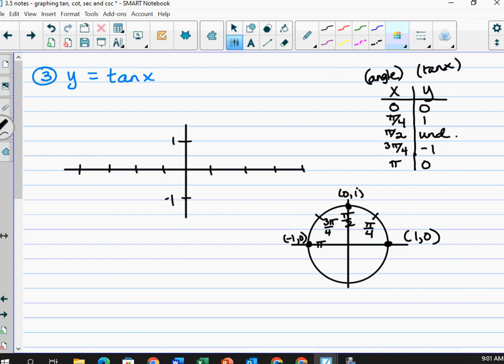So we're going to label out to pi this time. We're going to use pi over 4, pi over 2, 3 pi over 4, and pi. Because the period of tangent is pi over b, not 2 pi over b. It repeats every pi. Whereas sine and cosine, secant and cosecant, took 2 pi before they would start repeating.